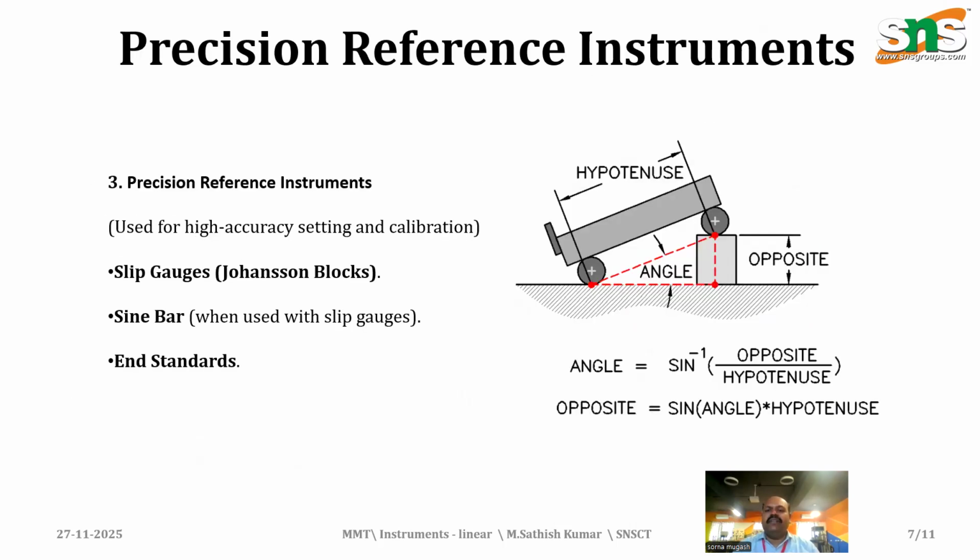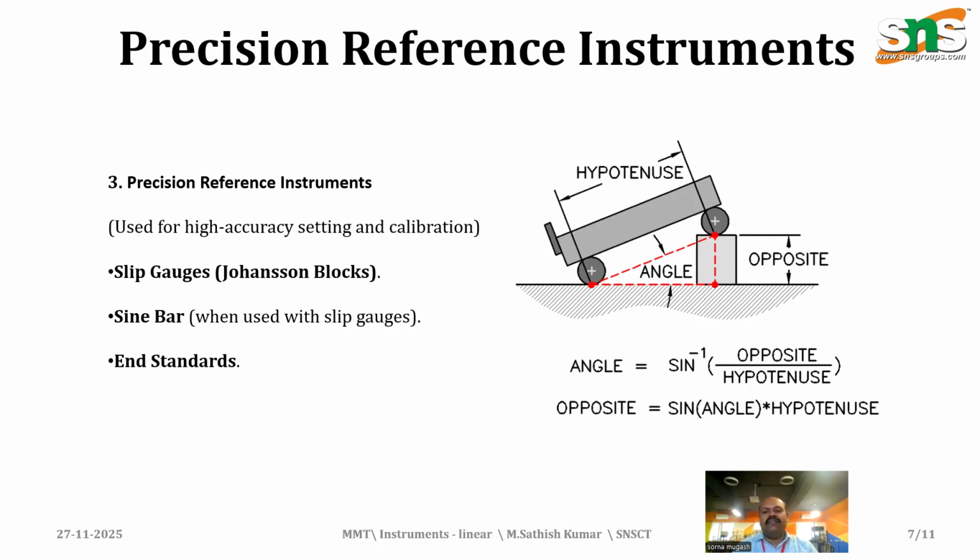Precision reference instruments are nothing but high accuracy setting and calibration instruments. So what is calibration in linear measuring instruments? Whenever we use measuring instruments, we need to ensure that there is no error during the measurements and that the measurements are very accurate. To maintain precision and accuracy, we use slip gauges.